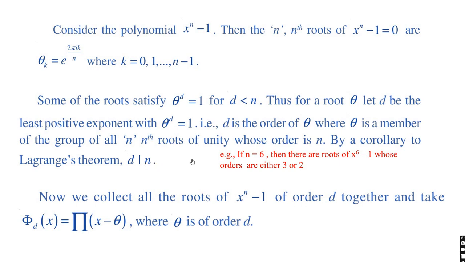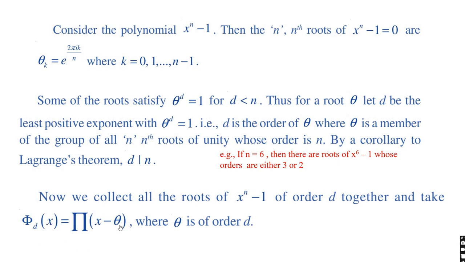Without knowing this also, when you list out those members whose order is some d, you can definitely see that d is a divisor of n. That is what is mentioned here. Now we collect all the roots of x power n minus 1 of order d together, right? And then take that collection.